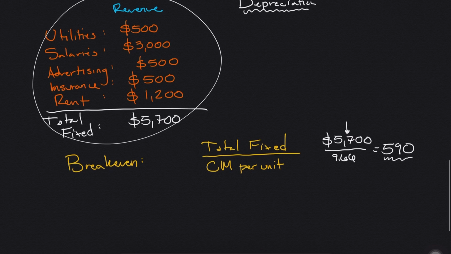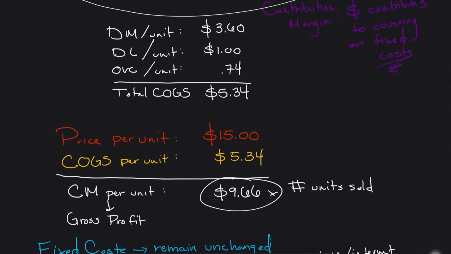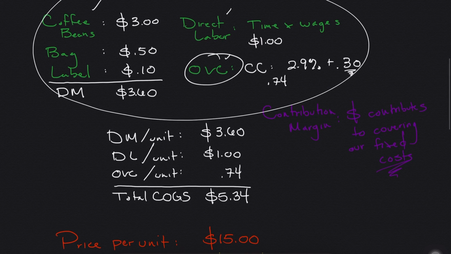We might have to look at our fixed expenses. Maybe we need to cut some things, the biggest thing being salary. But for your business, your biggest fixed expense might be something completely different. Or we might have to revisit our variable expenses. Maybe we can find a cheaper supplier for coffee beans, or cheaper bags.